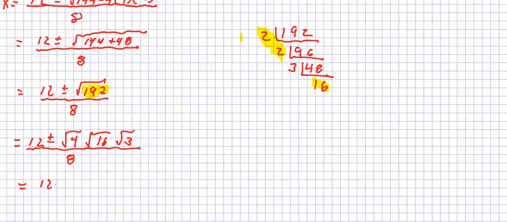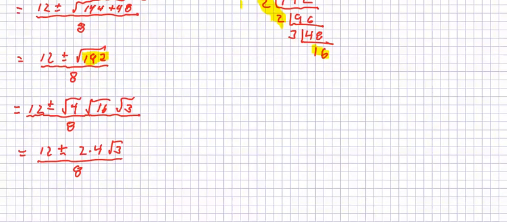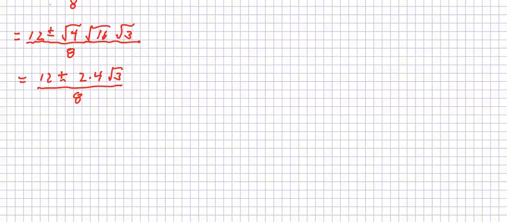And I have 12 plus or minus 2 times 4, square root of 4, 2, square root of 16, 4, square root of 3 over 8. And we're almost done. 12 plus or minus 8 square root of 3 over 8.